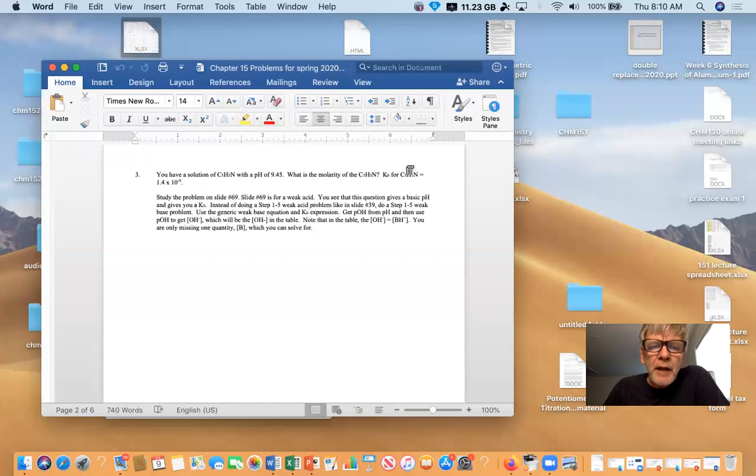So we look at this formula here, which is the same as this formula here. So this is a weak base. We're just going to do a generic weak base equilibrium, and then substitute the data we get from our start change equilibrium table into our generic weak base equilibrium constant expression. That should allow us to solve for the molarity of the weak base.